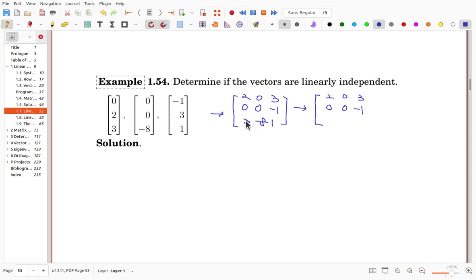And then 3 over 2 is multiplied and subtracted. Then that will be 0. And that is minus 8, the same. And now 9 over 2 is subtracted, so that is minus 7 over 2.